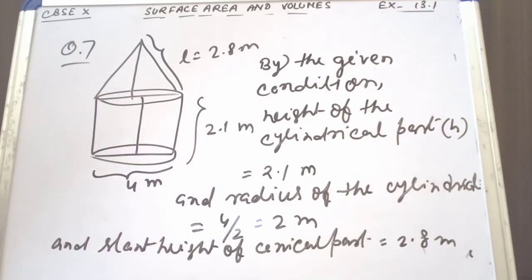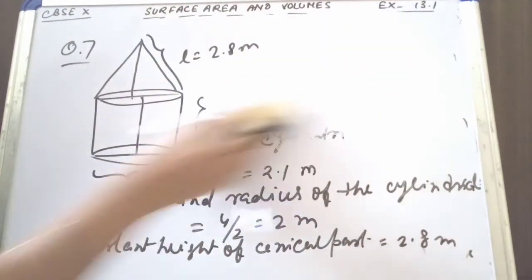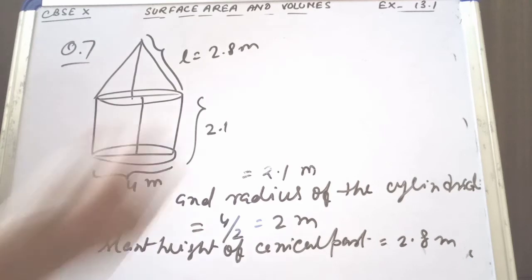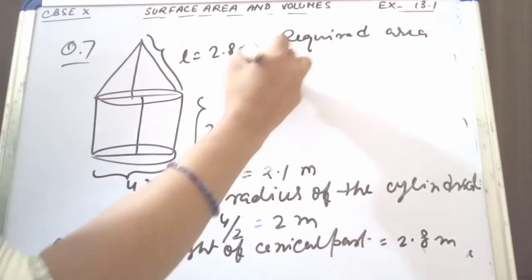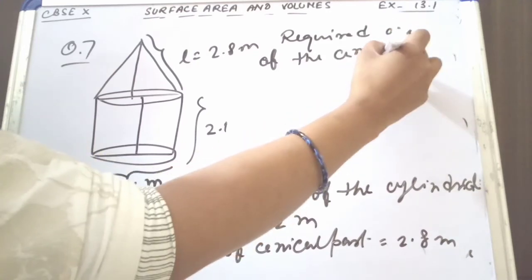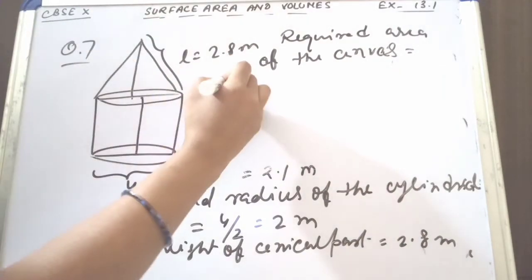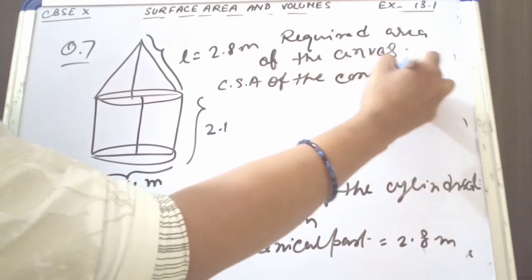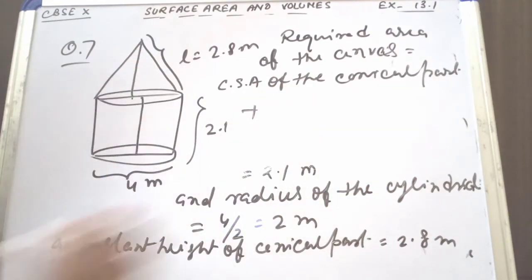So now the required area, that means the area of the canvas, is equal to the curved surface area of the conical part plus the curved surface area of the cylindrical part.